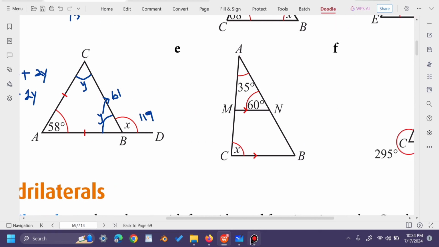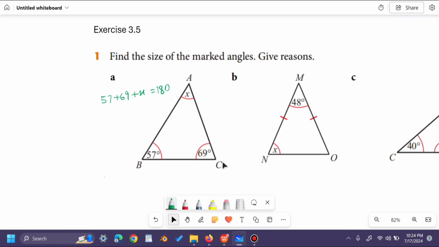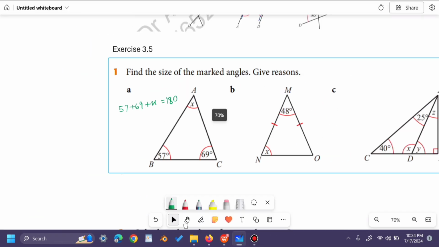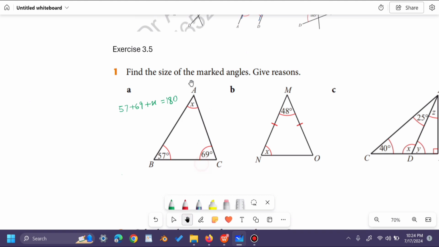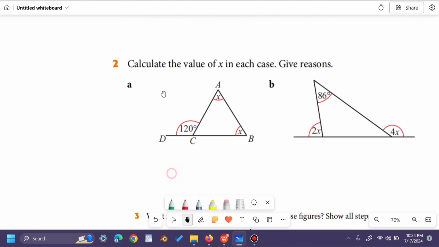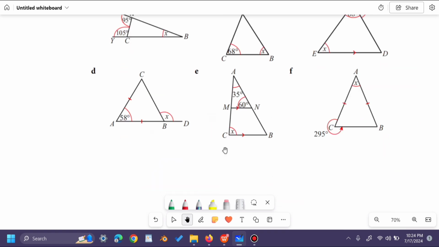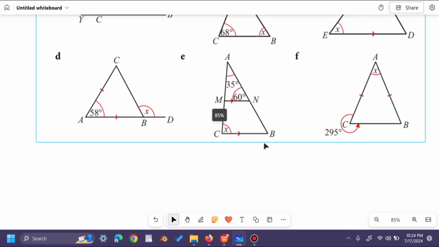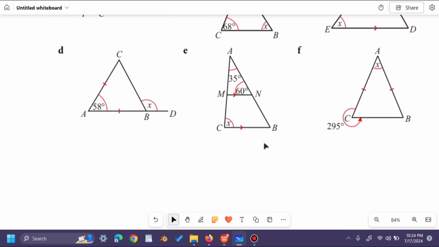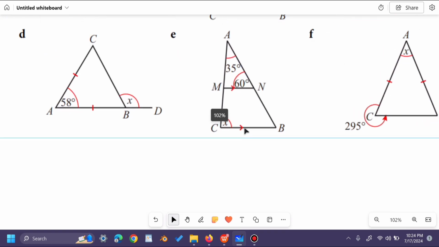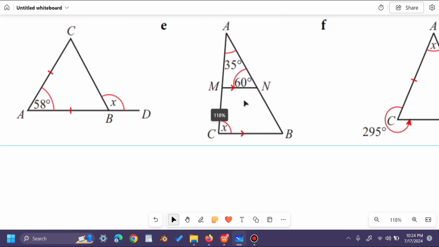Now for E part, let me zoom in. You see now what is happening is that we have two parallel lines, and we are going to find this angle x.